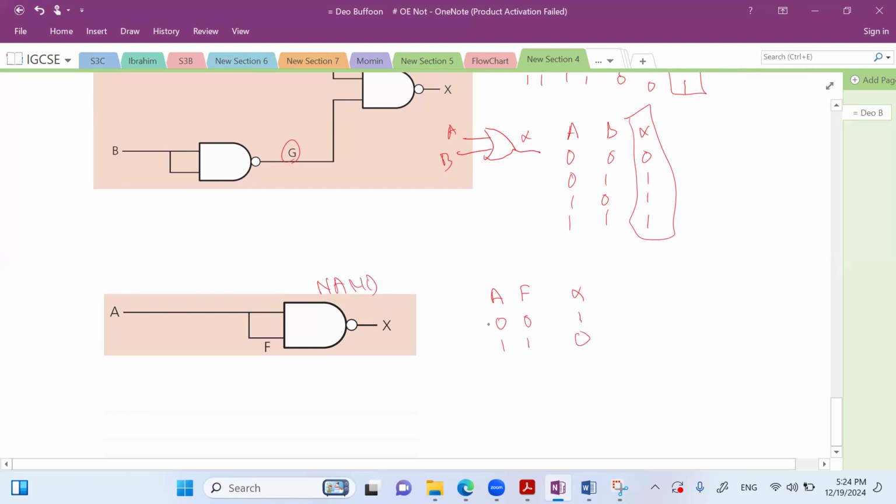So if you are sending, let's suppose, 0 or 1, it is going to invert it entirely and make a NOT gate, right? Okay. So this is basically the behavior of a NOT gate. So finally, we have the different logic gates.